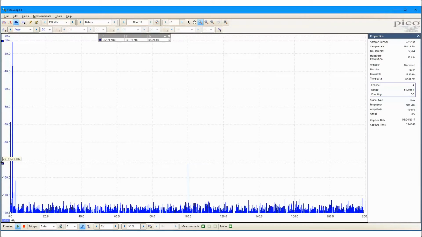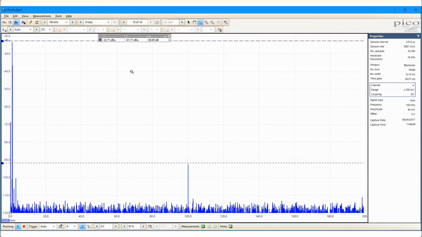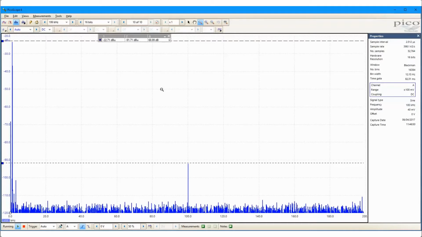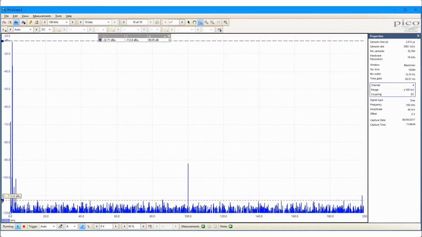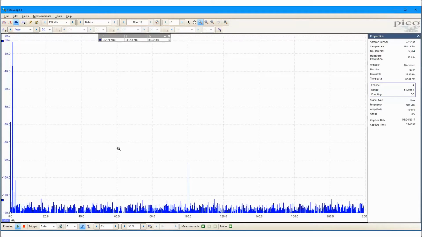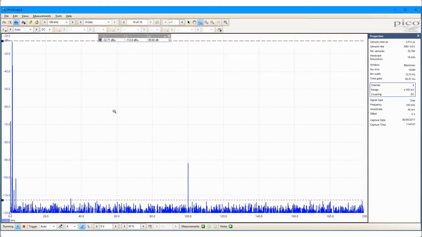In fact, the usable dynamic range is close to 90 dB, which makes the 5000 series ideal for using spectrum analysis to identify and characterize low-level signals and noise sources, or quantifying levels of distortion in amplifiers, for example.